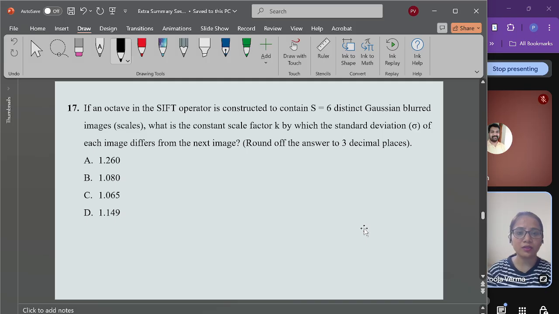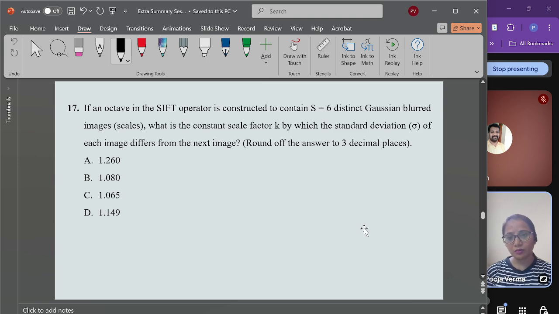Round off the answer to three decimal places. So how can we calculate this one?